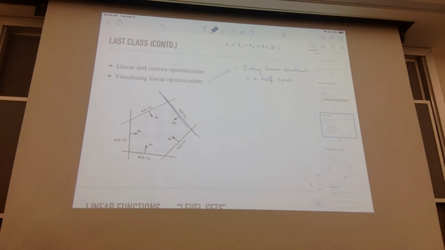So suppose you have a constraint like a11 x1 plus a12 x2 plus up to a1n xn bigger than or equal to b1. This is one of the constraints, if you remember, and we also wrote this down in shorthand as a1 transpose x bigger than or equal to b1. Maybe I will recap that also.